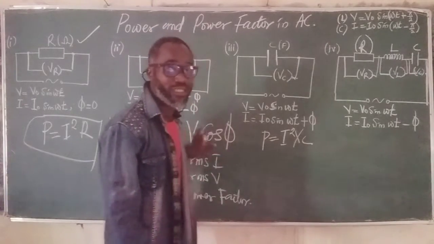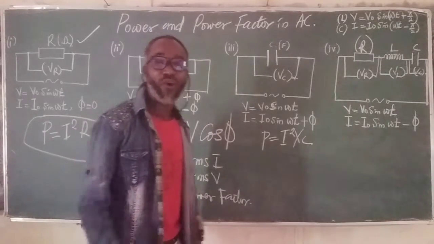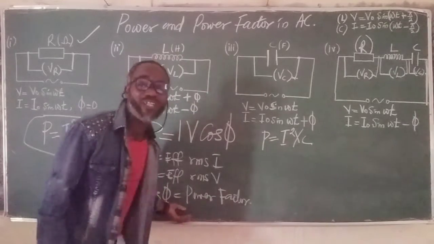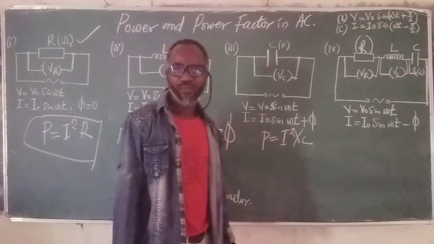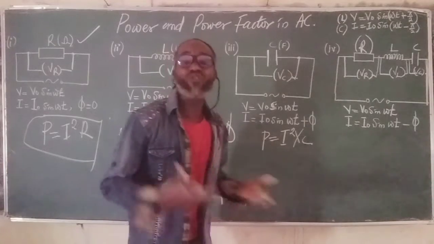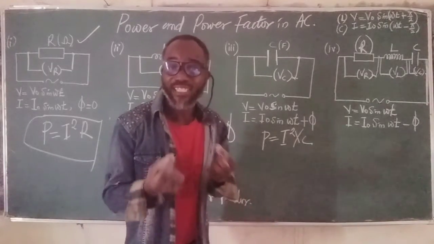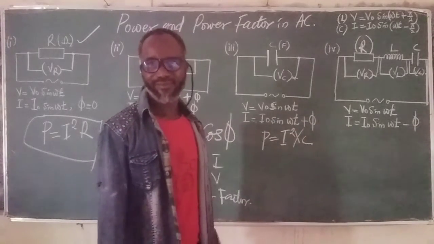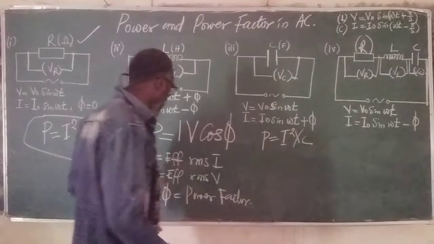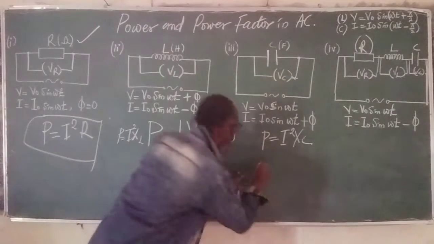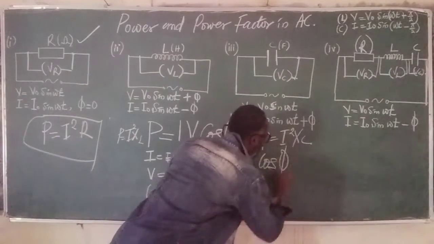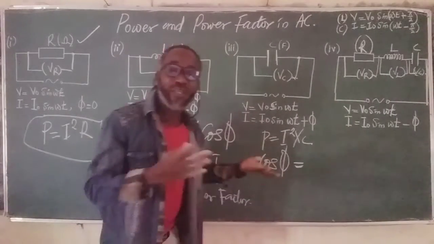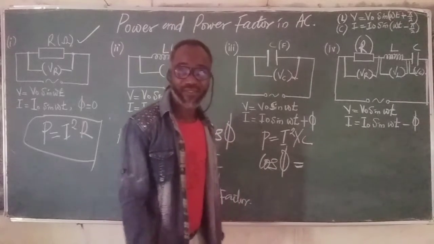If we have understood this, of course, we have understood something important. It is time for us to look into what power factor is all about, and how to know when a device is a pure device or not. So let's begin with power factor. Cos phi. This phi varies between 0 and 90 degrees.